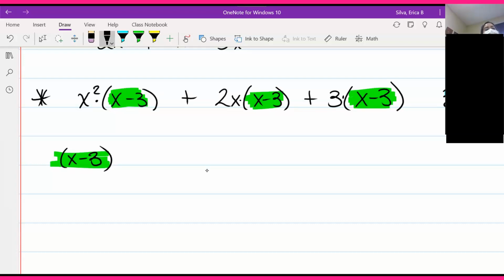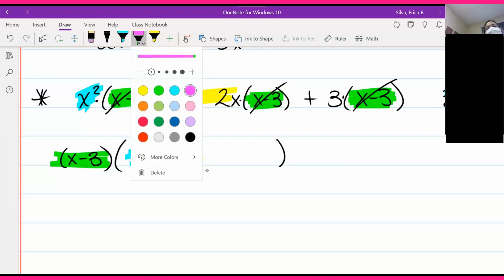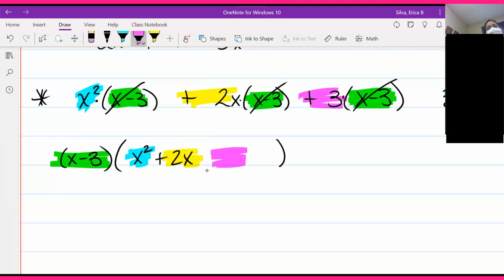So if we factor it out, then this cancels all these 3. And whatever's left over is going to be part of my second factor. So we've got x squared plus 2x plus 3.